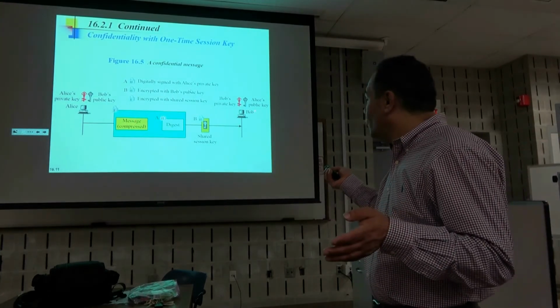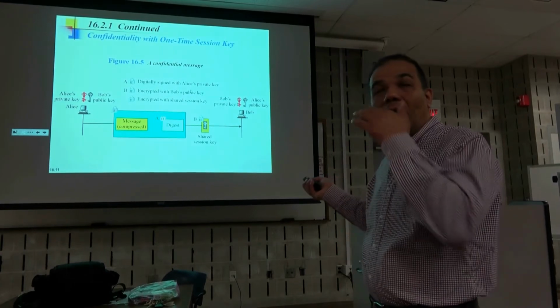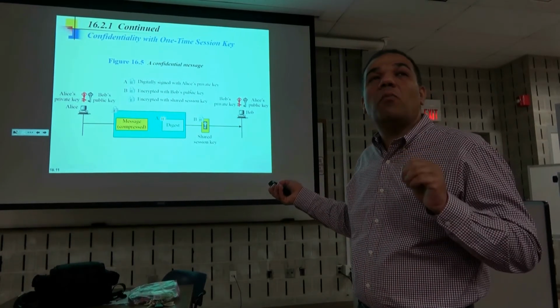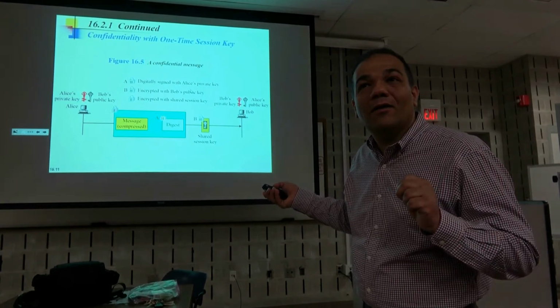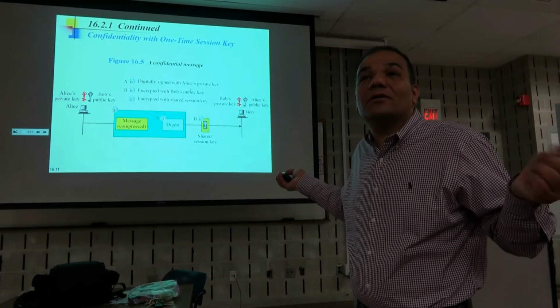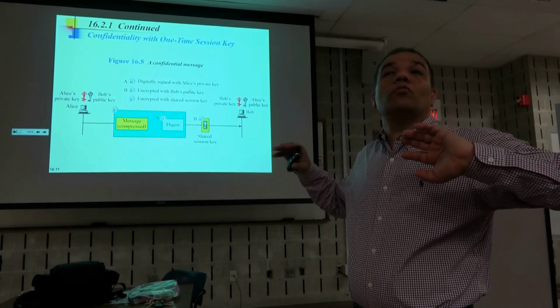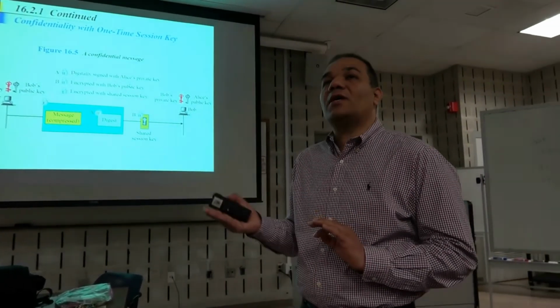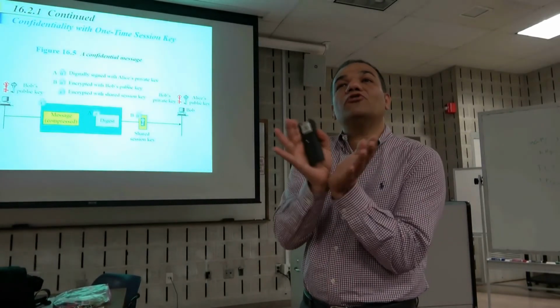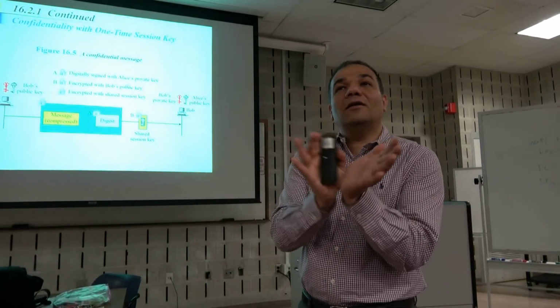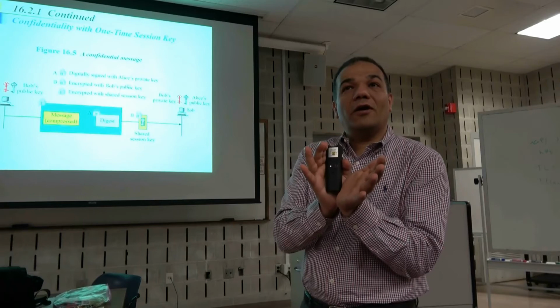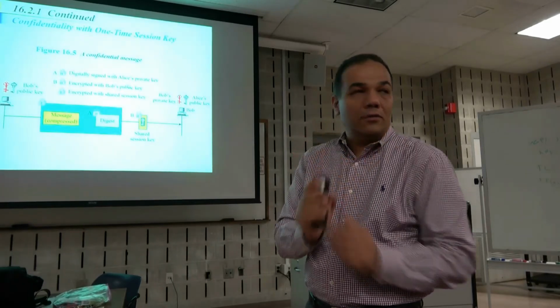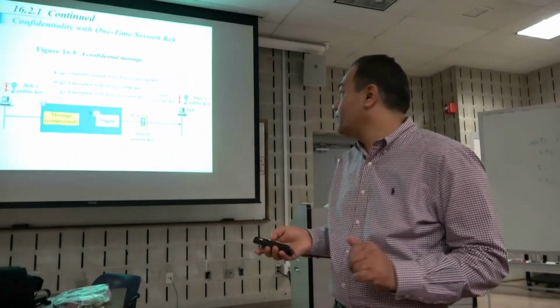Then it goes to Bob, and Bob can use the public key, which is public anyway. So you don't share your private key with anyone. She's sharing the public key. But remember that in asymmetric cryptography, we use the public and private keys together. You got it?